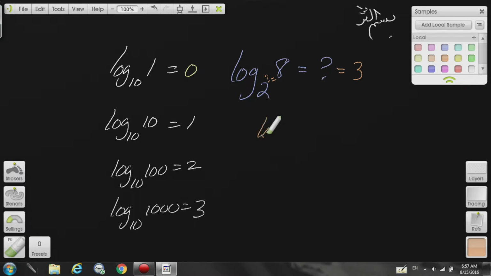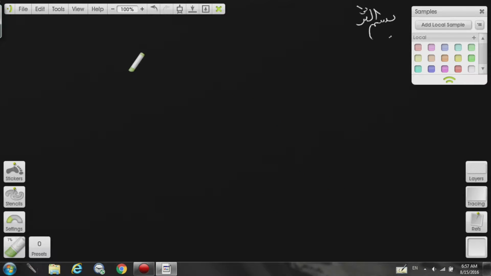So log base 2 of 8 is 3. How about this one? Log base 3 of 9. 3 to what power is 9? 2.